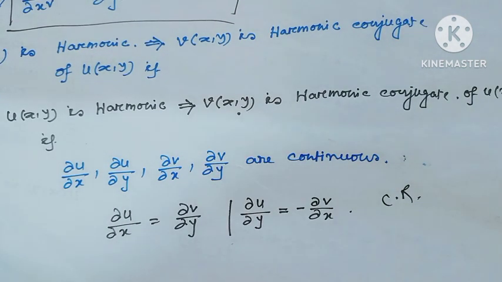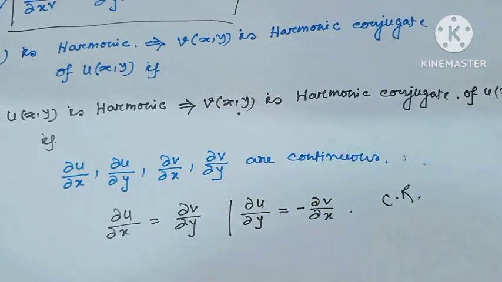That means del u del x, del u del y, del v del x, del v del y are continuous, and it satisfies the CR equations: del u del x equal to del v del y and del u del y equal to minus del v del x.